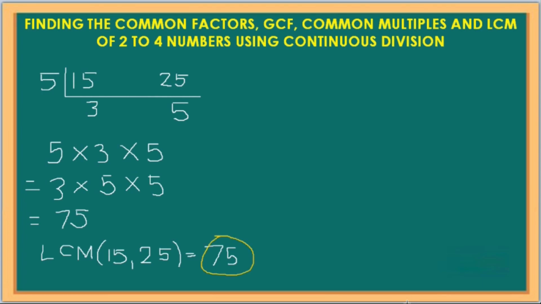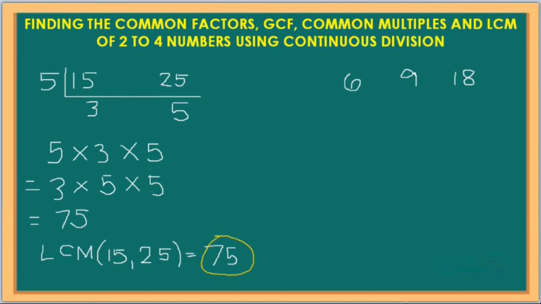Another example, 6, 9, and 18. Again, this is continuous division using prime factors. We have discussed already in the last video getting the LCM and GCF of numbers using prime factorization.